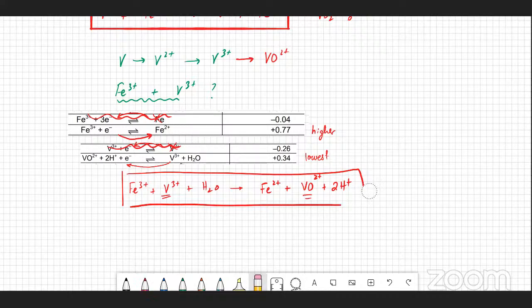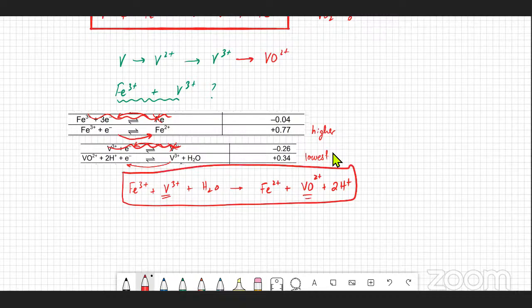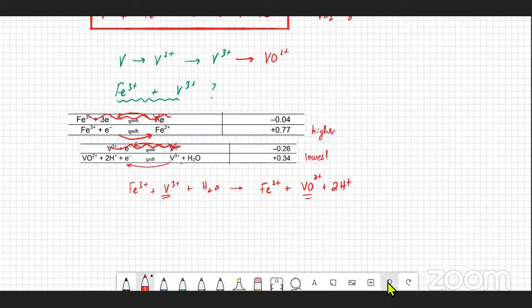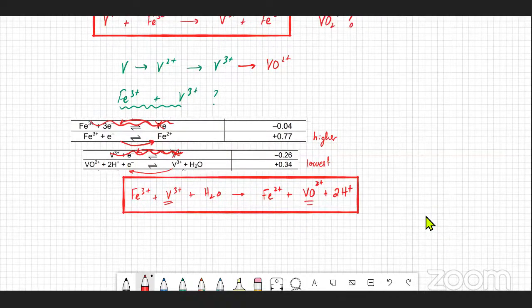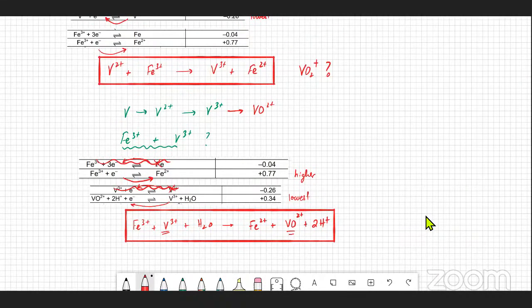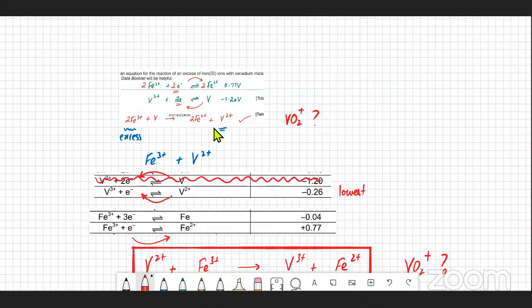Let me correct this. At the end of the day, you have three reactions now, and I'm going to copy each one of them. That's the first one. This was the first one.